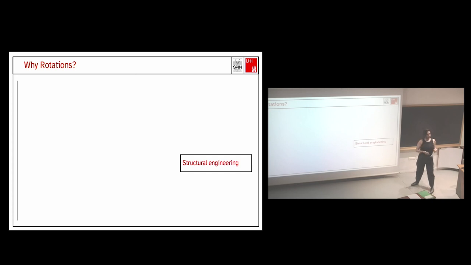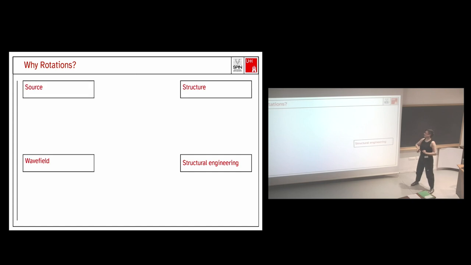But for people who are just curious about seismology and the Earth and what's happening under our feet, there are also a lot of things that we can extract about the source of seismic waves, about Earth structure, and about the wave field in general.